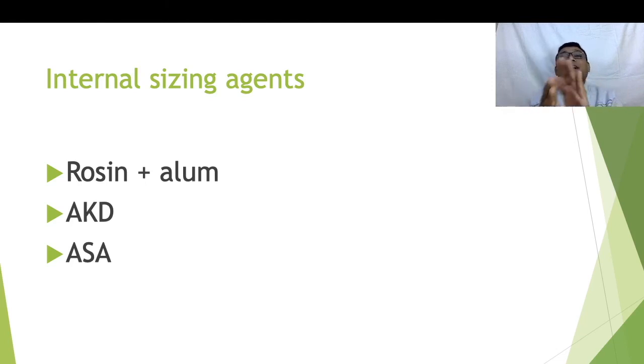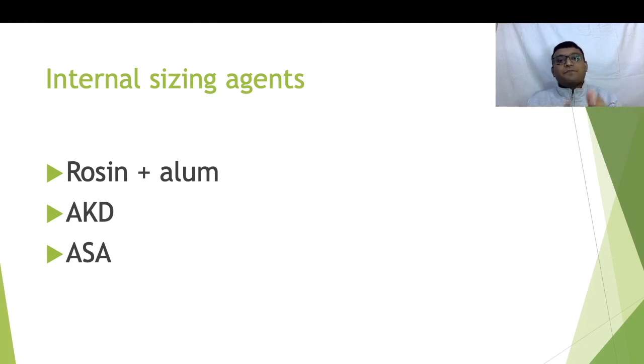They may have to convert from AKD to ASA or ASA to AKD, whatever it may be. But in a given paper, you can only have one internal sizing agent acting on it. That is the normal practice in the industry. Secondly, if you add more agents, it will only increase the production cost, but the results may not be achieved.